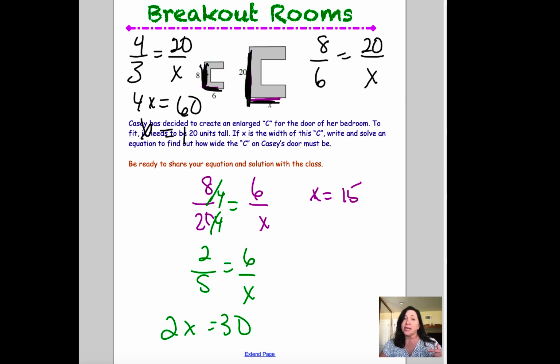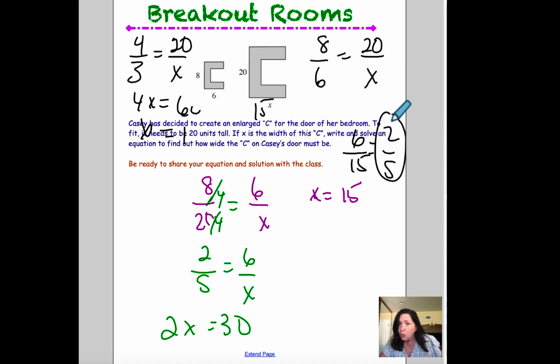And actually, it doesn't matter which sides you compare as long as they're not the same shape. So I know that's 6. This is 15 now. 6 is to 15. If I divide that by 3, I get 2 is to 5, which is the same scale factor as if I said 8 is to 20, because my scale factors have to be the same regardless of which ones I'm doing.